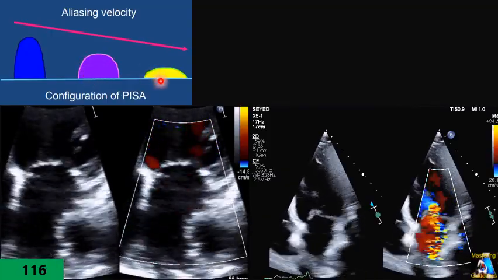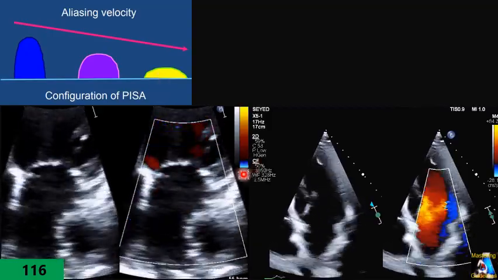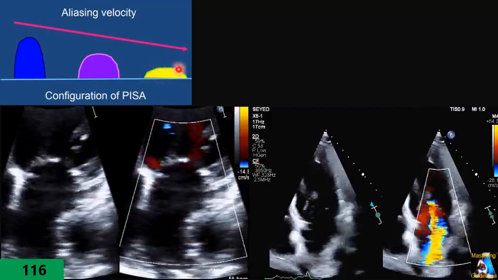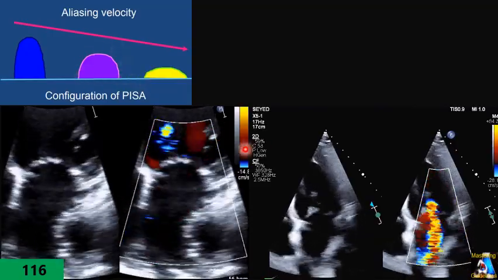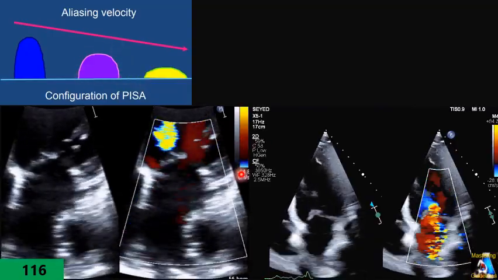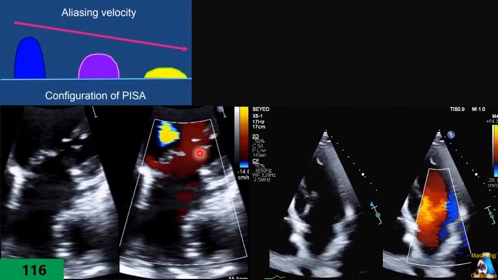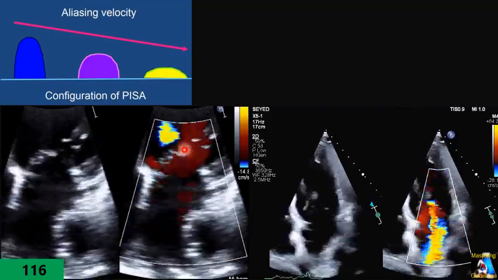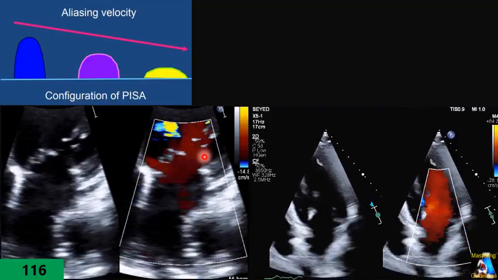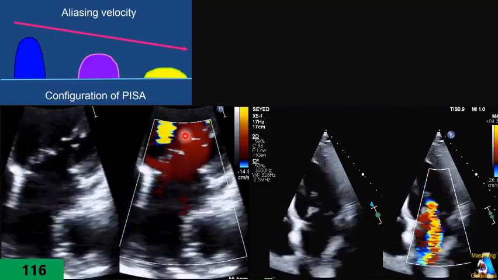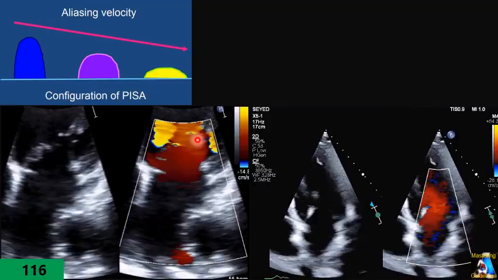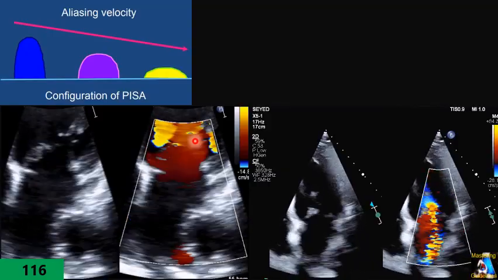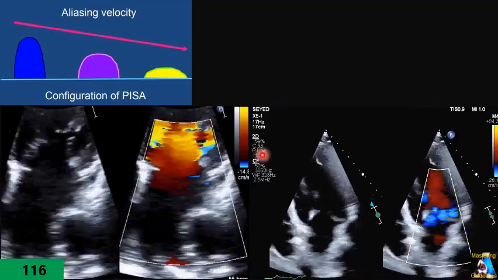And if velocity decreases too much, like here, it becomes more flat. So we optimize our baseline aliasing velocity to the level that gives an almost circular shape and gives us the first aliasing. And when we say aliasing, we mean the color changing from yellow to blue, the first aliasing.